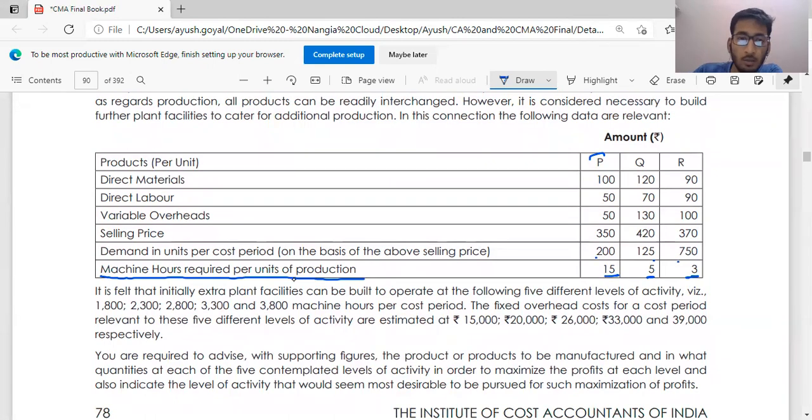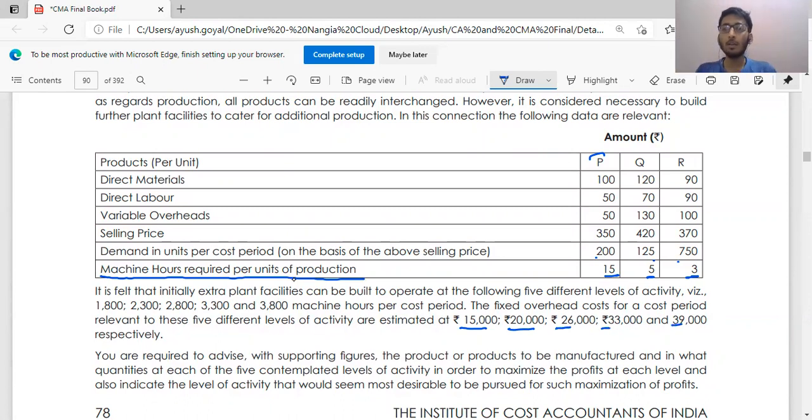So let's read it once again. It is felt that initially extra plant facility can be built to operate at the following 5 different levels of activity, like 18, 23, 28. Okay, the fixed overhead for a cost period relevant for these 5 different levels of activity is estimated at 15,000, 20, 26, 33, 39,000.